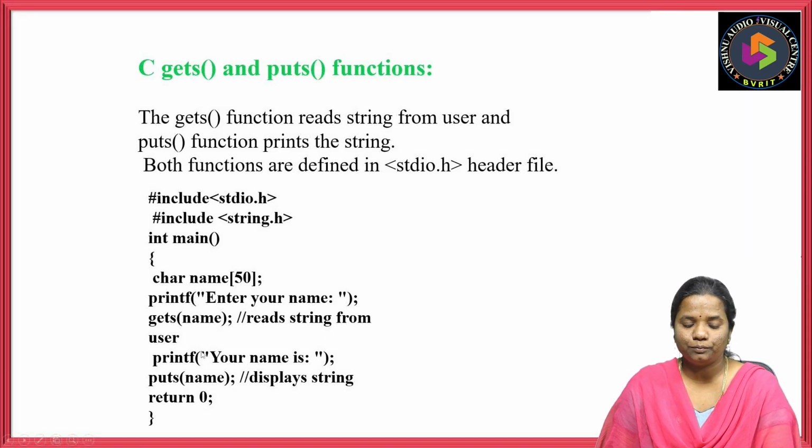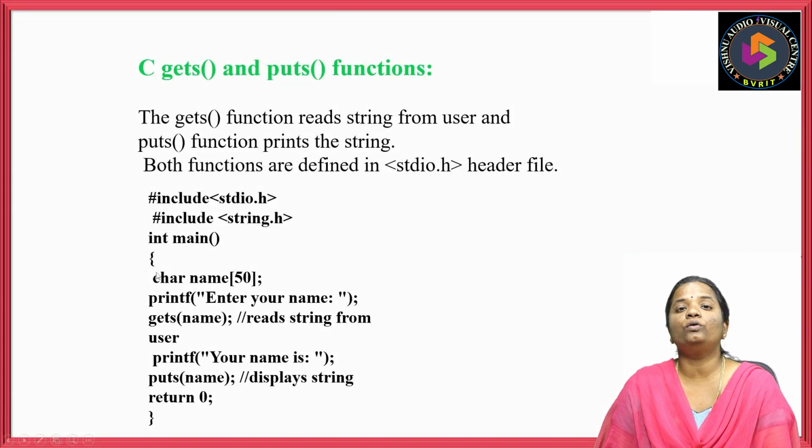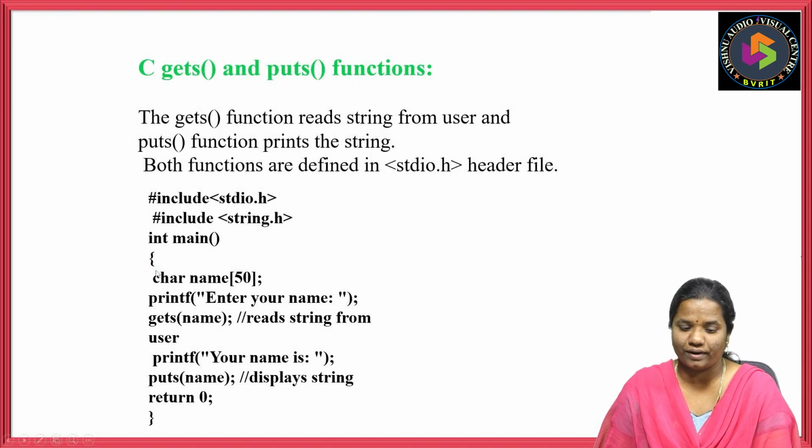If you observe this program, I have taken the name array up to 50 characters, and by taking the support of a printf statement, I display one comment on the screen, that is, enter your name. Once this comment is printed, by taking the support of the gets function, you are able to read the string from the input device.